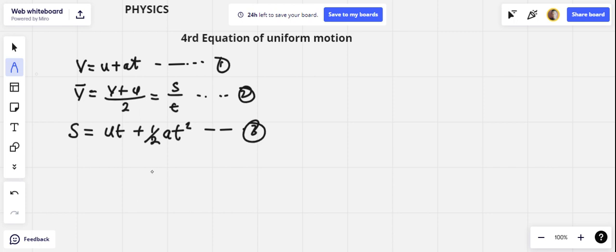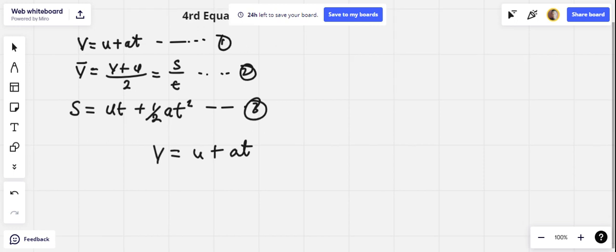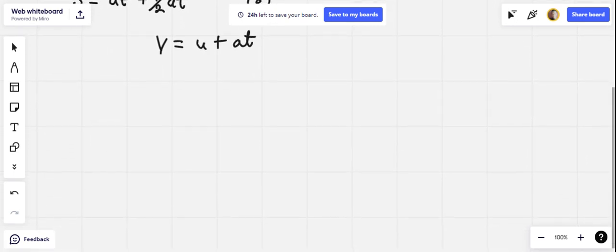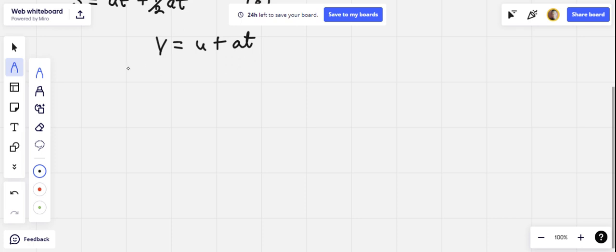So from the first equation, V equals U plus AT, we say square both sides. Square both sides of the equation.